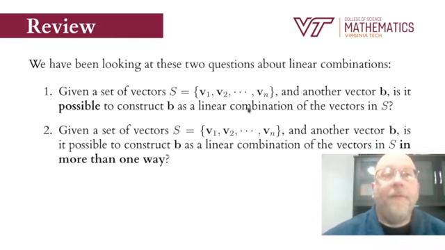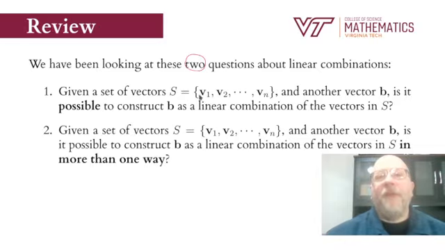We started talking about this last time: two questions about linear combinations. One of the questions is, if we have a set of vectors and another vector b, is this vector b a linear combination of the vectors in the set? Can I put weights on each of these vectors so that when they add up together, they add up to b? Is that even possible?